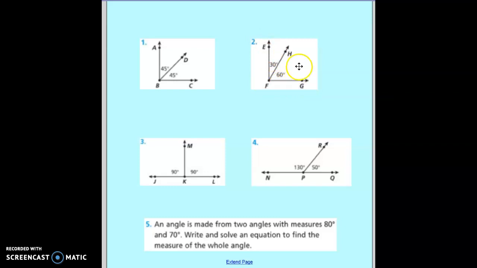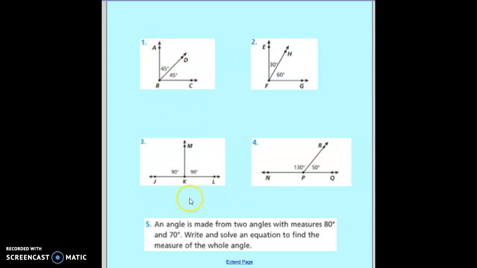So add up this angle, 60 degrees, plus this angle, 30 degrees. 60 plus 30 gives us 90 degrees, which gives us a right angle. So two acute angles with the measures of 30 and 60 have formed a right angle for us. Did you notice over here? Same thing. 45 degrees plus 45 degrees, 90 degrees, a right angle.